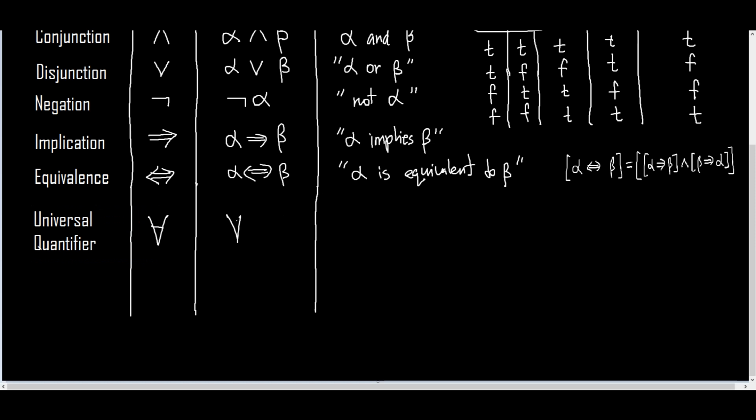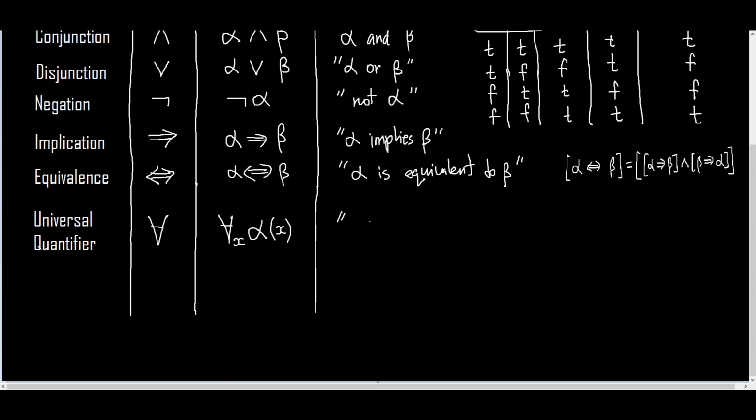We will write upside down A, and then a variable, and then some mathematical statement, which might have this variable present inside it. And to indicate that, we will put x in brackets here. So that's how the universal quantifier is used.